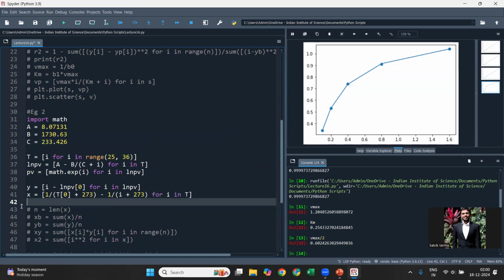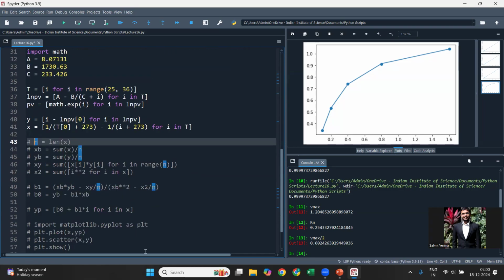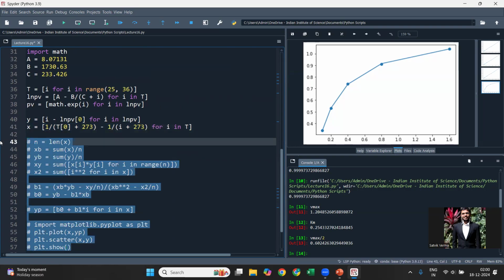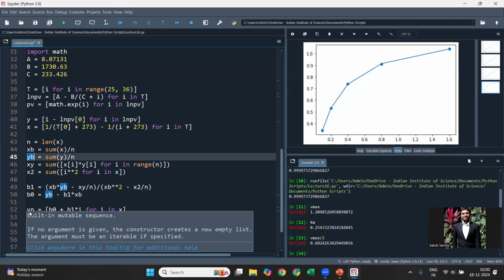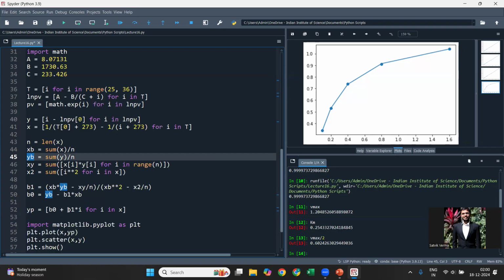That is not needed. We've got the length, which is the number of data points here. I'll just comment it out. So yeah, we've got the length, we have got the mean of both, we've got some xy, we've got some x square, we've got beta 1, beta naught, and we got predicted values of y for a given x, right?